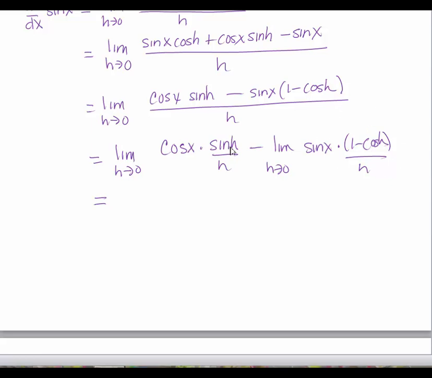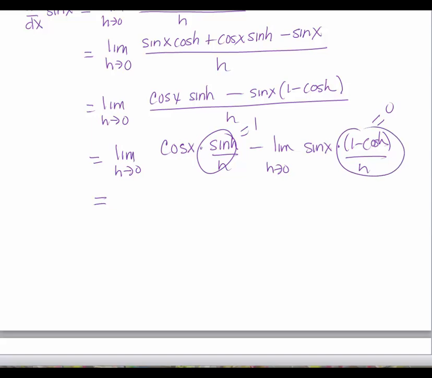Now I know that the limit as h approaches 0 of sine h over h, this term right here, is equal to 1. I also know that the limit as h approaches 0 of 1 minus cosine h over h is actually equal to 0, this piece right here.